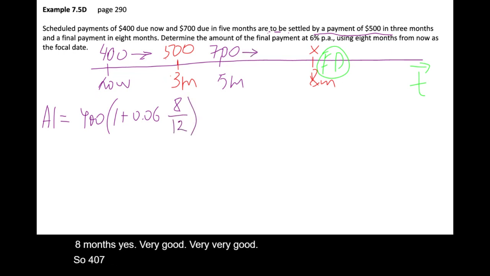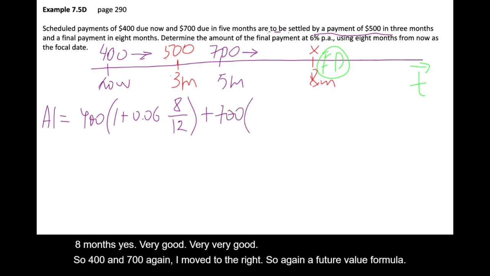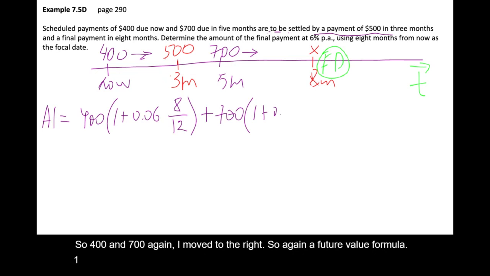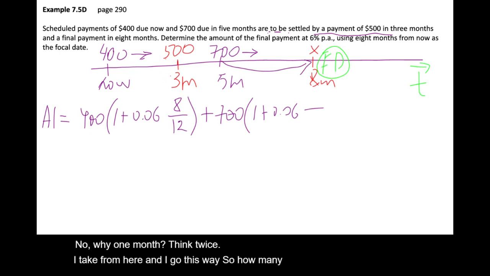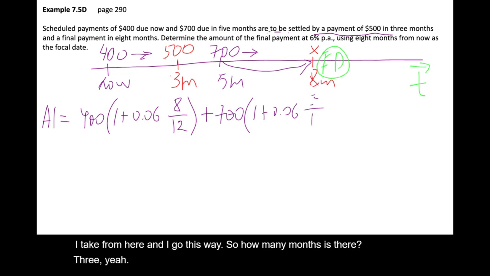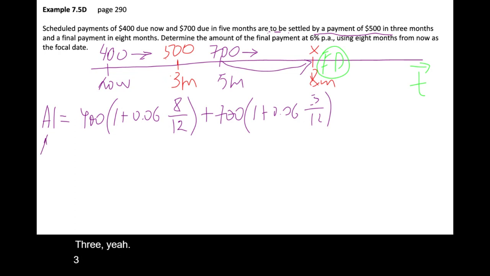700. Again, I move to the right. So again, future value formula. 1 plus 0. No, why 1 month? Think twice. I take from here and I go this way. So how many months is there? 3, yeah. 3 months. So let's calculate, guys.